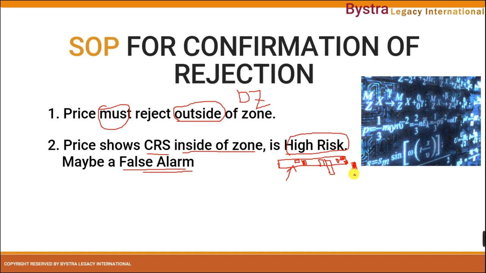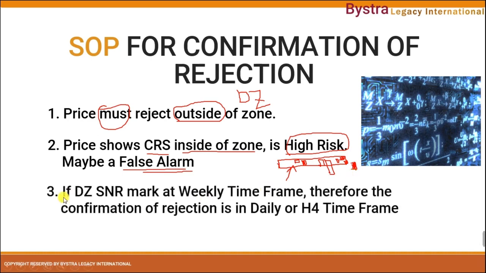So this is one of the examples. And lastly, if the danger zone SNR is marked at the weekly time frame, then the confirmation of rejection is in the daily or the H4 time frame. So remember guys, when this is marked as the weekly danger zone, then the confirmation of this area can be the daily time frame or the H4 time frame, not H1 and below.